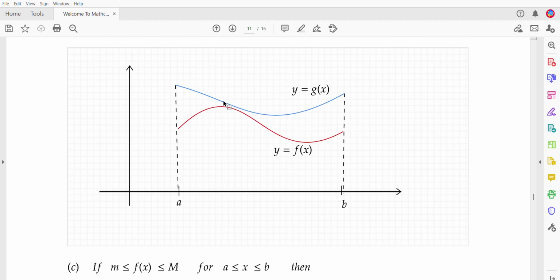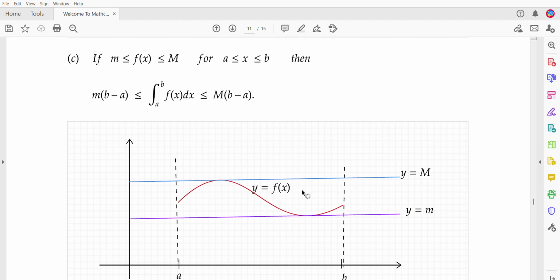So this is the reverse direction, but anyhow, g is higher than f. So the area under g is more than the area under f. So whoever is higher, its area will be greater than the area of the lower function.